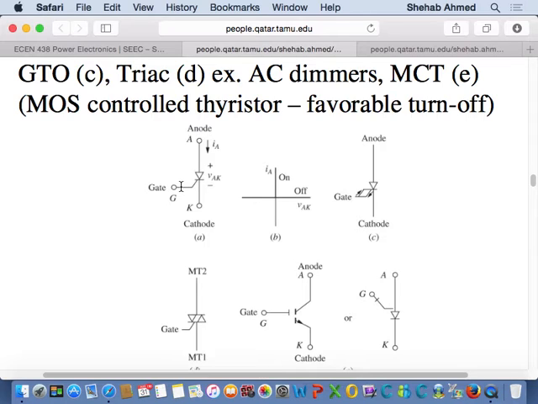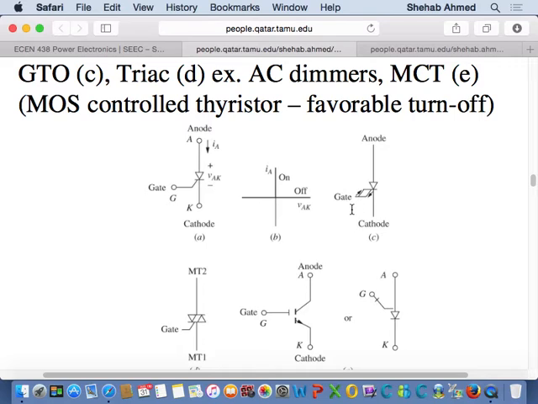It's the gain. Each device has a gain between the gate and collector, right? So BJTs would have certain gains, different MOSFETs would have different gains, etc. In this SCR, I can turn on here only. So people developed what is called a GTO.